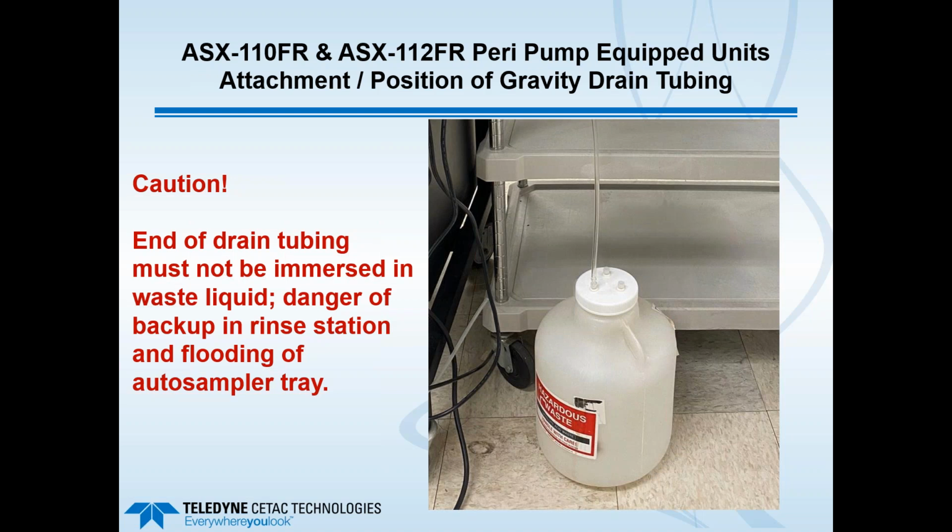So a setup like this, either connecting it to a port on the top of the lid, or if the lid is not there, making sure that the end of the drain tubing is well above the level of the liquid or anticipated level would prevent any flooding of the Autosampler tray from a backup.